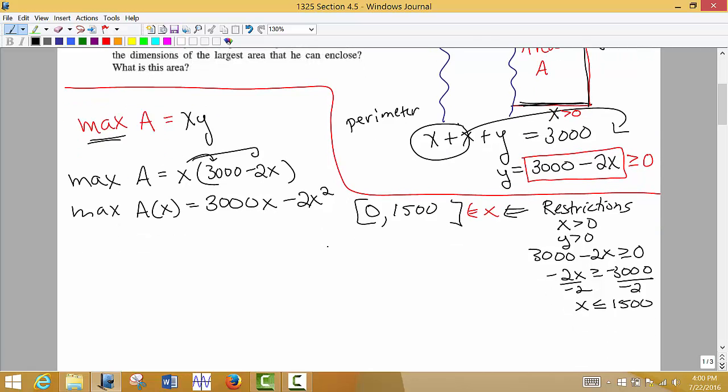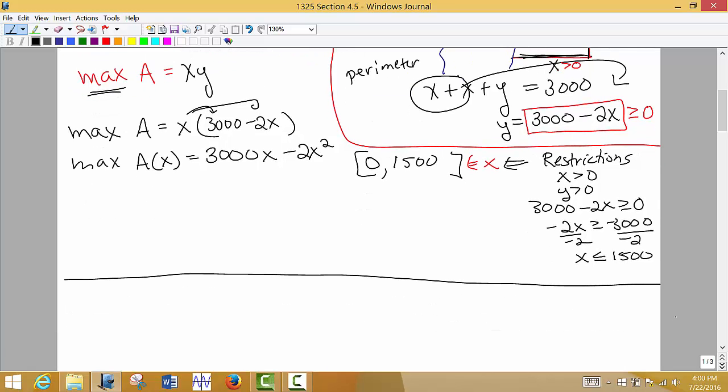All right, so we're asked to maximize the area. So we want to find the absolute max of the area, just like we did in section 4.4. In order to find the maximum area, we need to take the derivative. So we're going to find the first derivative of our area. That's 3000 minus 4x.